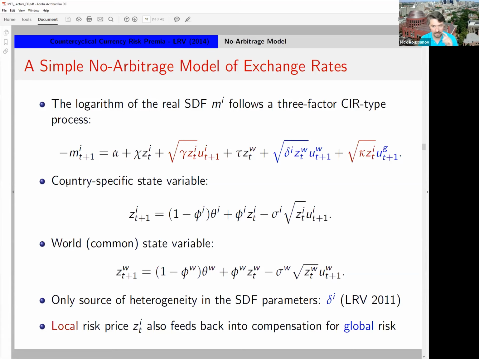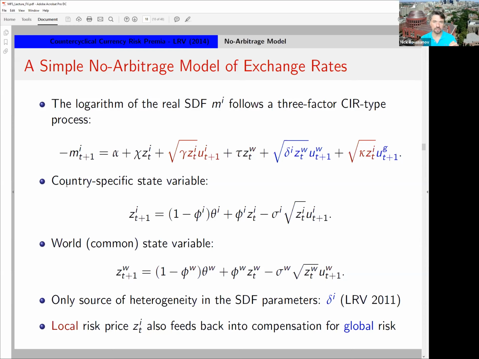Again, of course, this is subject to the assumption of complete financial markets. If you go to incomplete markets, things become a little bit more complicated, because in incomplete markets these SDFs are not unique.